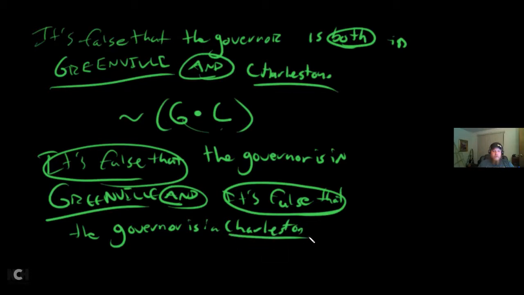Oh, that's actually something different. So this would be, it's false that the governor is in Greenville. Okay, he's not in Greenville. And he's not in Charleston. So this says he's not in Greenville and he's not in Charleston.